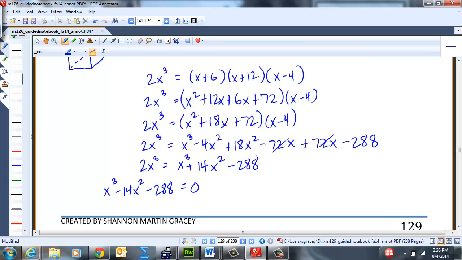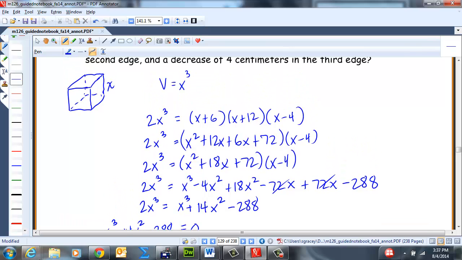Okay, so with this one, it's going to be kind of crazy to do the whole P over Q thing. You certainly can. The reason I'm hesitating is the factors of 288. So if you factor 288, that would be 2 times 144.